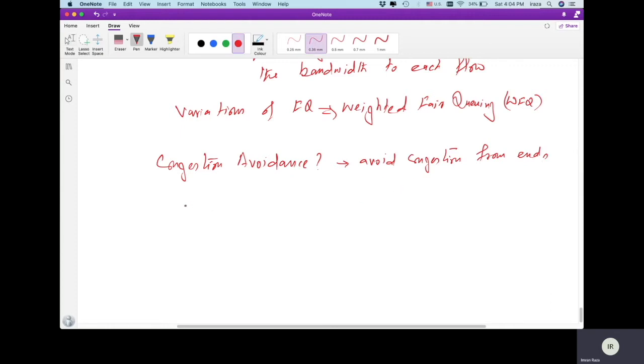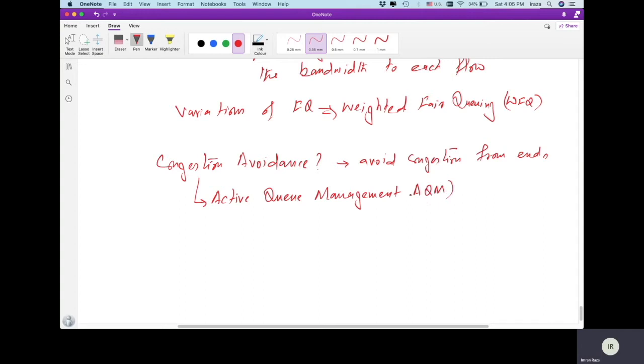But there are other ways as well in which we avoid congestion, and it has to do with the queuing discipline. It is called active queue management, AQM.